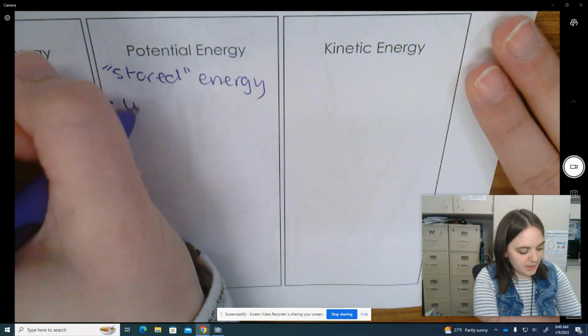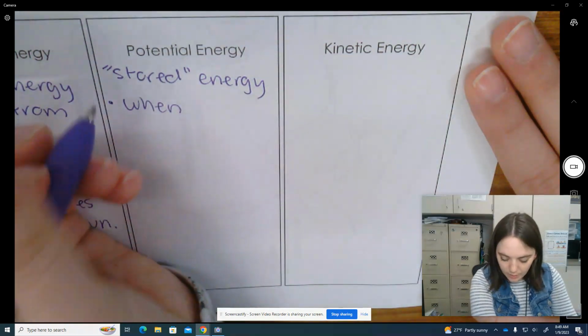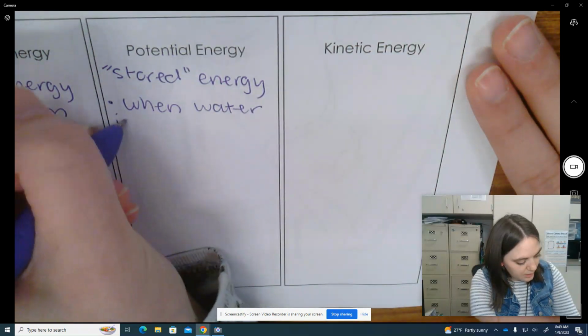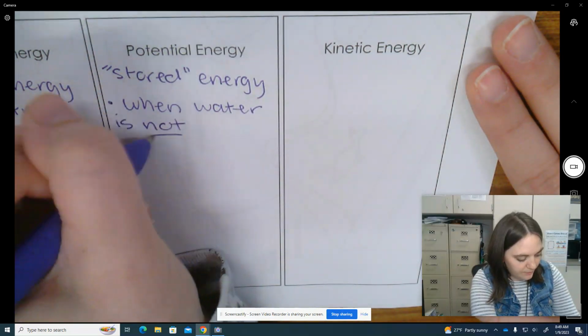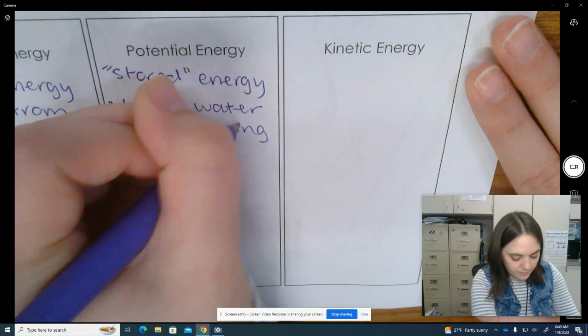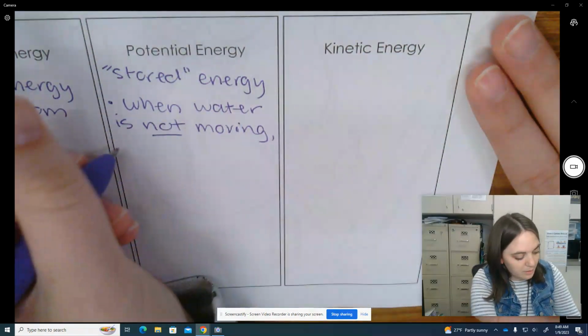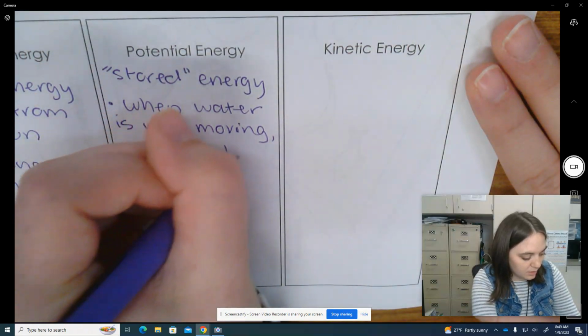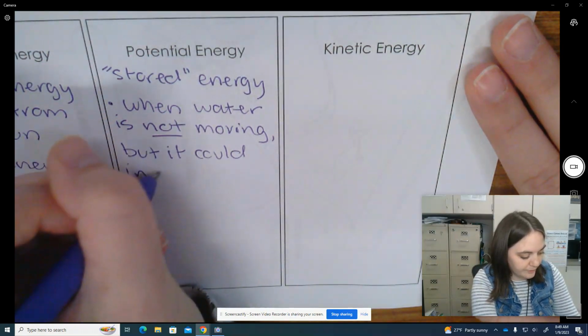So this is when water is not moving. But it could in the future.